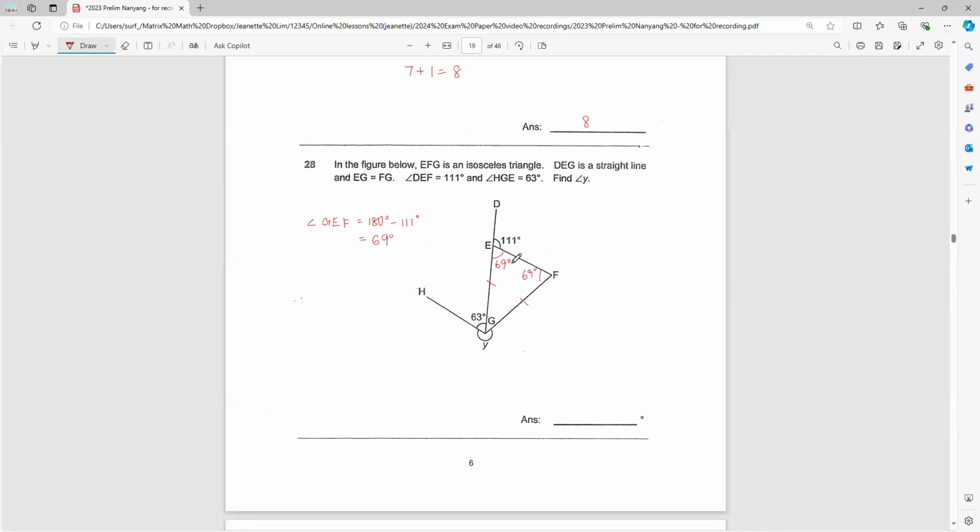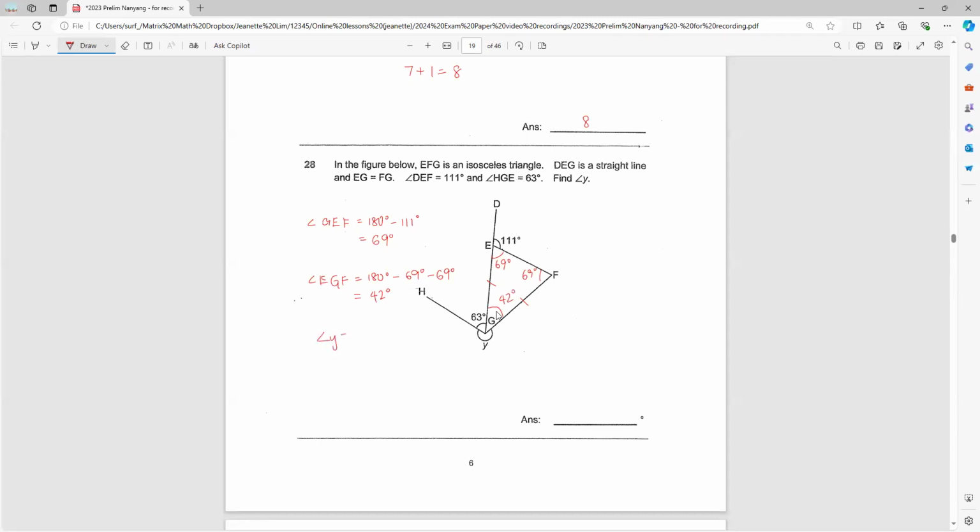So what we can find is this third angle here. Because with this, I can use 360 to minus 63 and this EGF. So let's find EGF. So 180 minus 69 minus 69. This is 42.